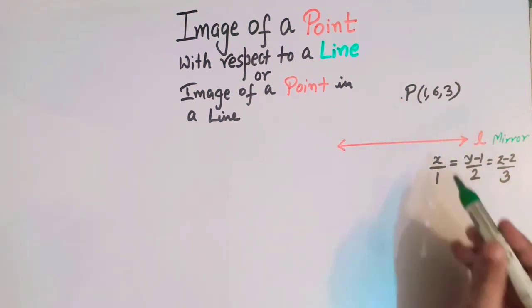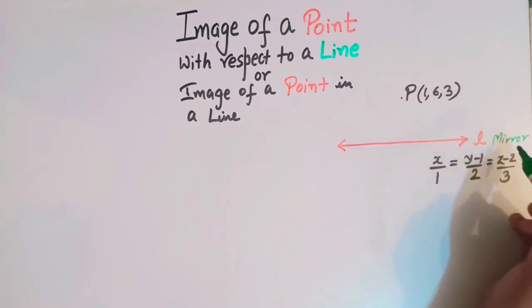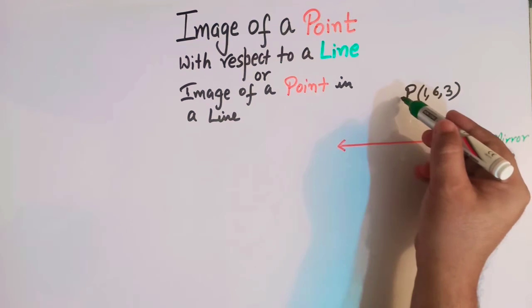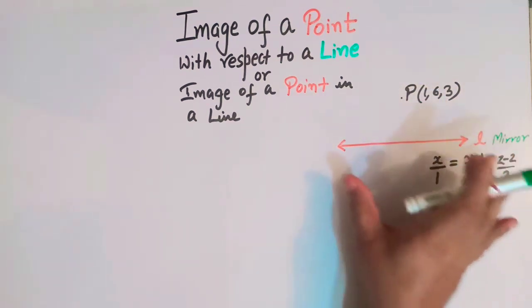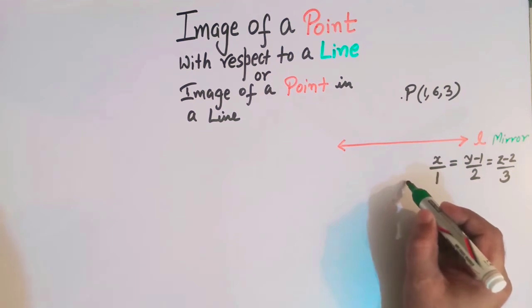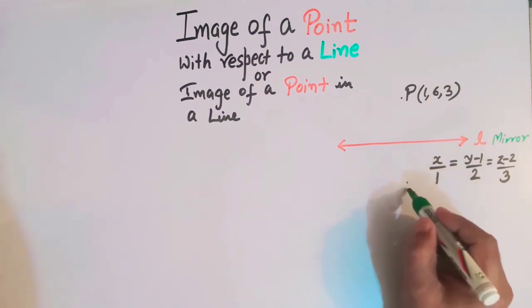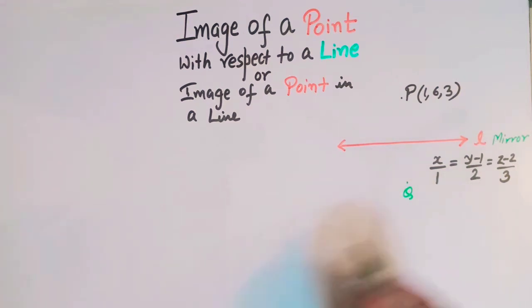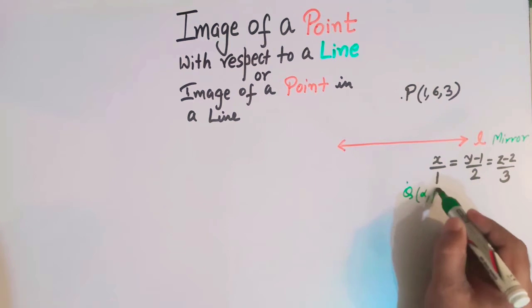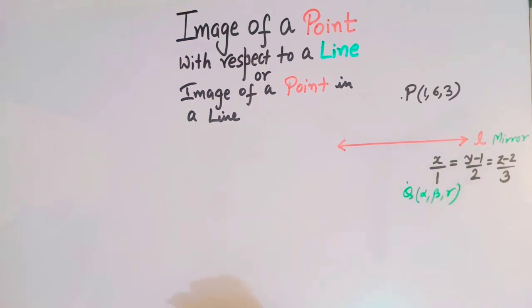If this line L acts as a mirror, then the image of this point P will lie on this side, somewhere at this point. Say this point is Q, and suppose this point Q is alpha, beta and gamma.